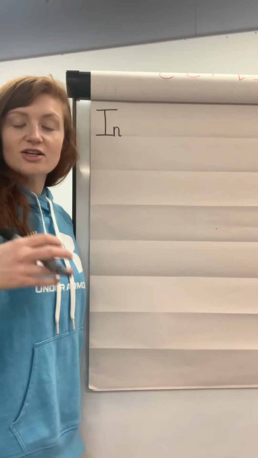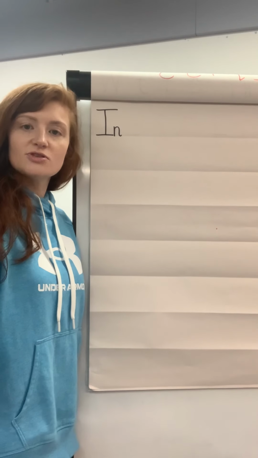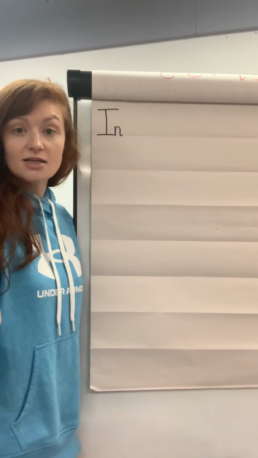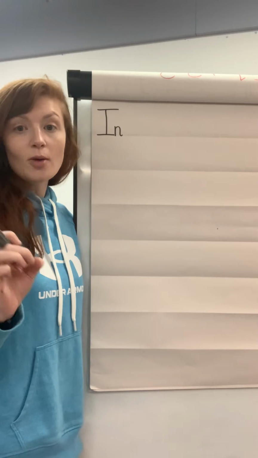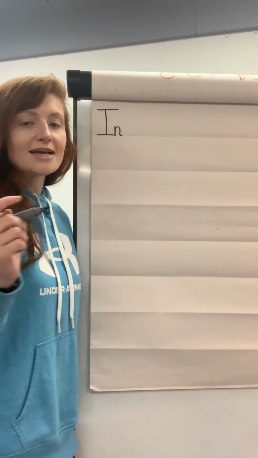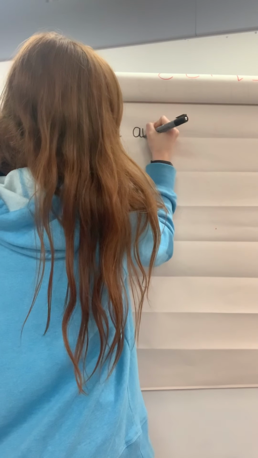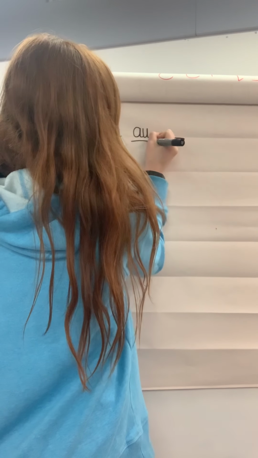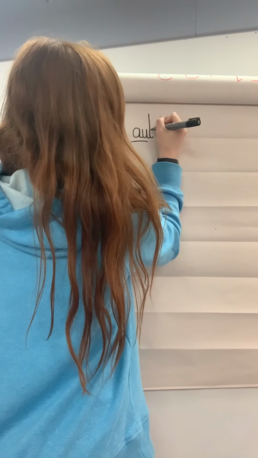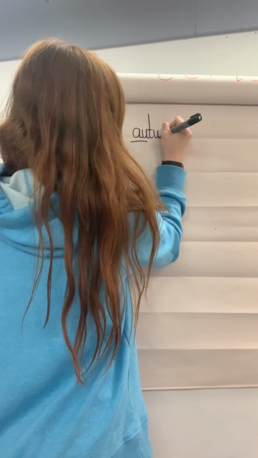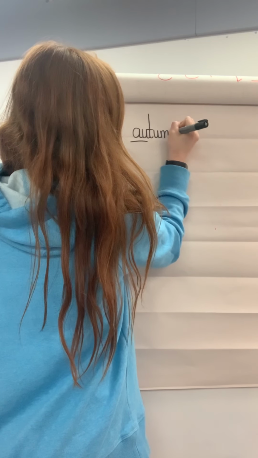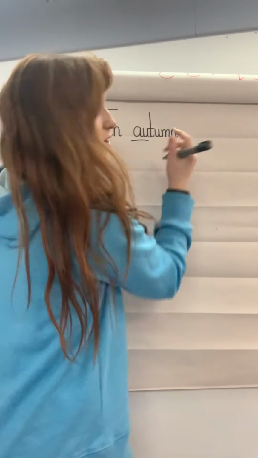Lots of people think, just like the days of the week, just like the months of the year, that autumn will be capitalised, that first letter, but it's not, because it's a common noun, not a proper noun. So lowercase a for autumn. And we're using our O sound that we've learnt today, so A and U. And then tum, it sounds like, so T-U-M. And on the end of autumn is an N, and that's like a silent one.